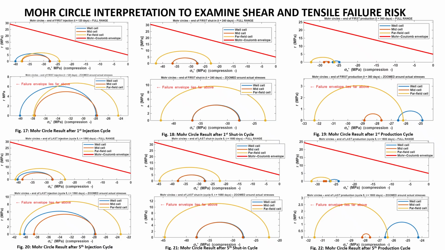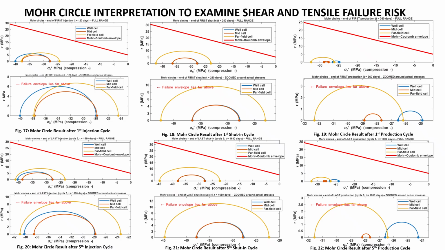But importantly, I want to mention that even at the end of cycle 5, when the compression is at its peak, the system has accumulated deformation across 5 complete cycles. The Mohr circle still does not get above the failure envelope, still staying closely below it.